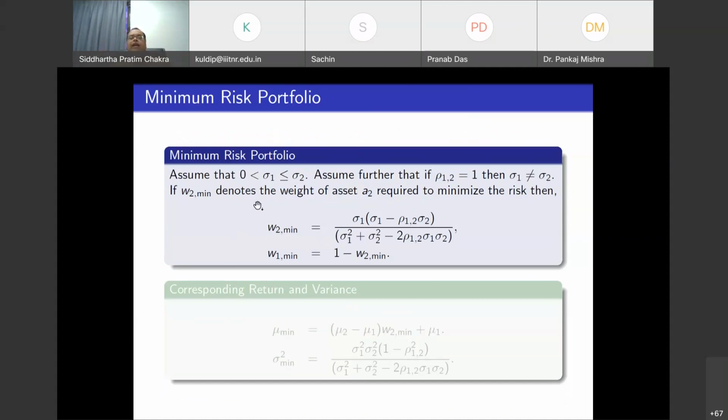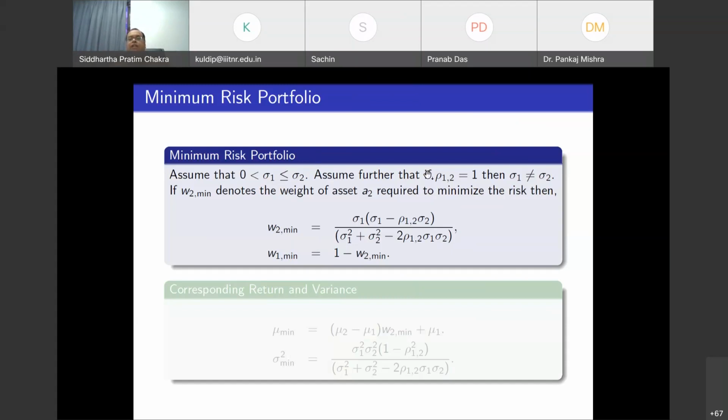So if I assume that there are certain conditions, I'll not go into the details of this. Suppose that your sigma 1 is less than or equal to sigma 2. See, sigma 1 and sigma 2 are both going to be positive because this is a standard deviation. Standard deviation by definition is positive. And of course, they cannot be zero because if a standard deviation is zero, that means there is no risk. So it is not a stock, it's like a bond, which is not what we are considering.